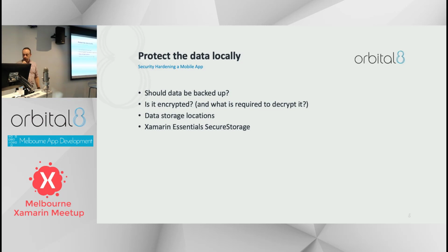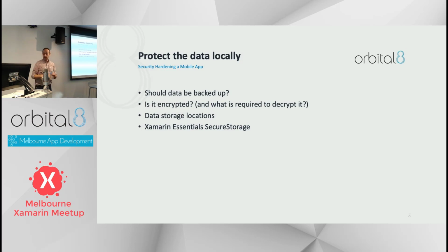On Android, secure storage is implemented as an encrypted shared preferences file. Now, a shared preference file is a bit like a key value text file, like an ini file for the old Windows users. It's encrypted with a key. It's stored in the Android hardware key store.